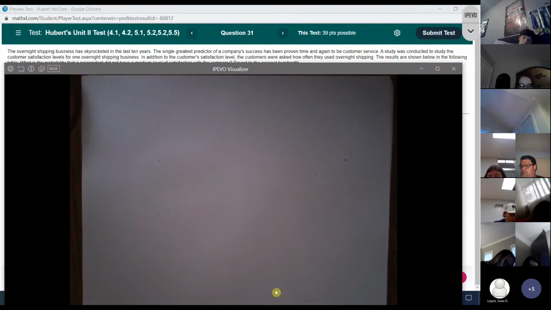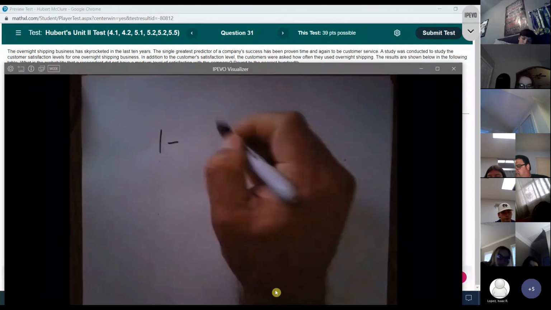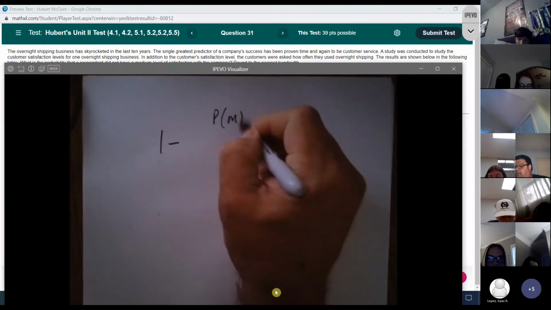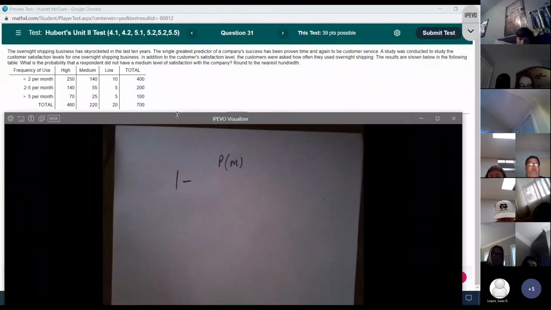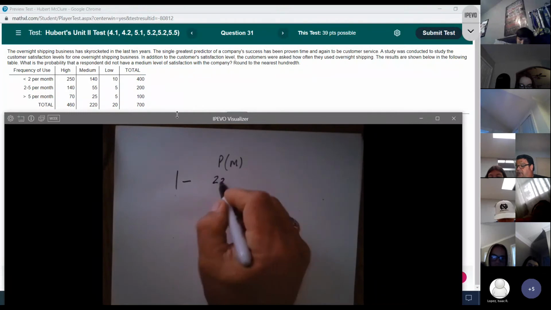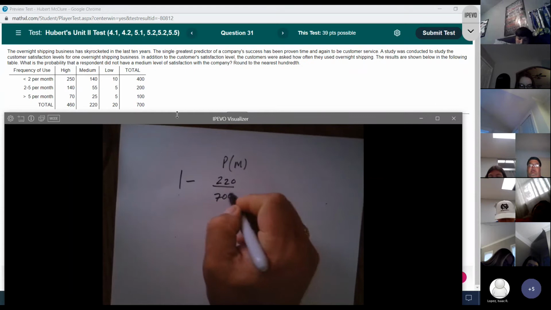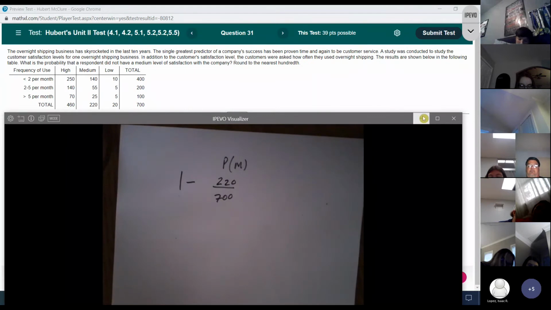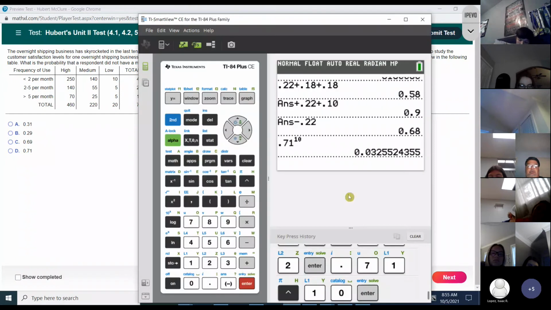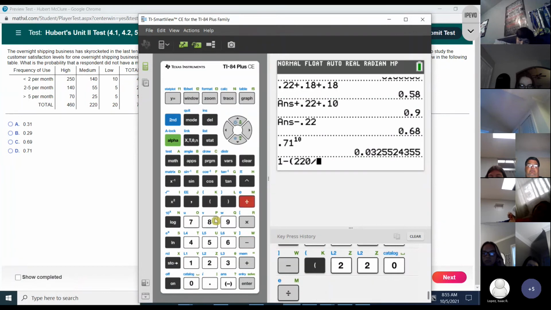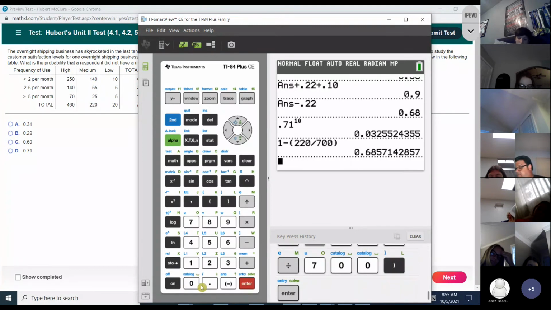So 1 minus the probability of medium, which would be 220 over 700. And let's take our handy dandy calculator. That's going to be 1 minus parentheses 220 divided by 700. I got 0.6857.